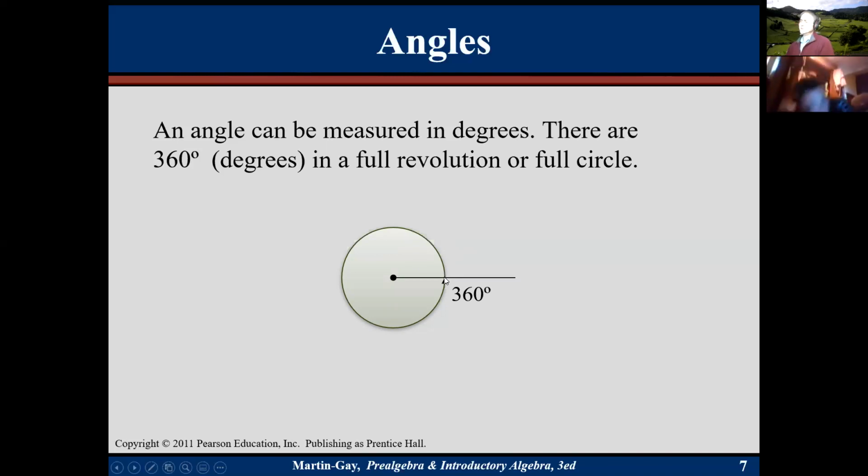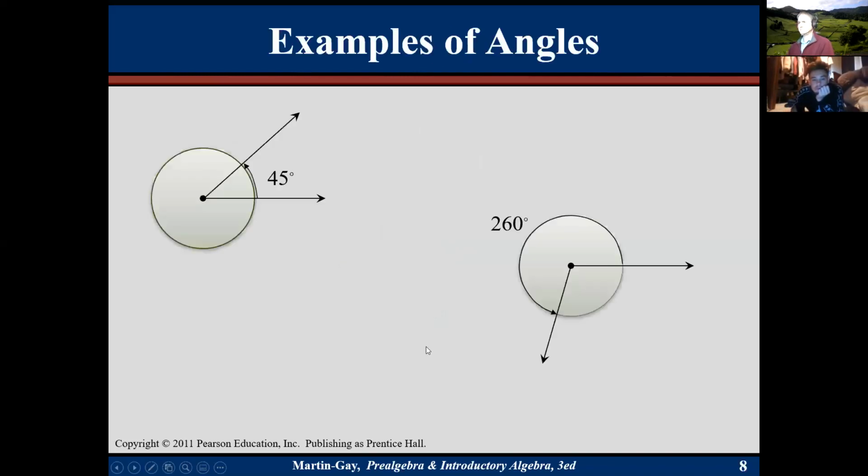You will also sometimes see people talk about negative angles where they measure the degrees clockwise, but that would be a negative angle by our standard measurement. Here's a couple of examples of angles. This one is about 45 degrees. This one is about 260, where you can see it goes all the way around the circle. So those are examples of angles and how they're measured.